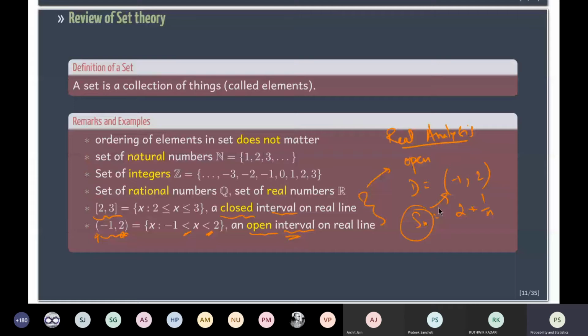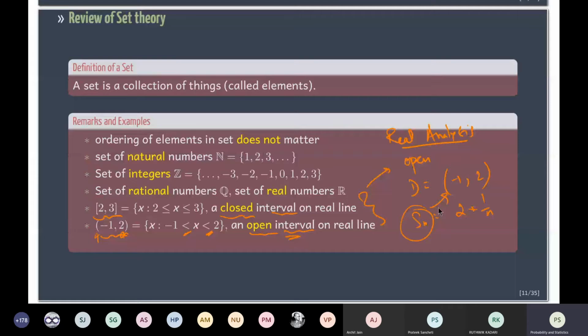If I had taken a closed interval, and the sequence was converging, then the limit of that sequence is guaranteed to be in the set. I'm sorry, I'm going a little bit far, but today is just a warm up.